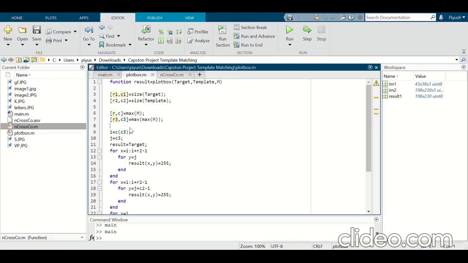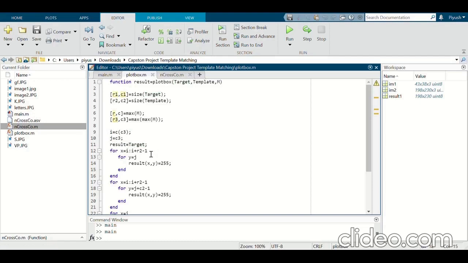C3 is storing the column number of that location at which the maximum value of M is stored. And then C of C3 is returning me the row number of that M location where my maximum correlation coefficient is stored. Then J3 is the column number, and I3, as I said, is the row number where my maximum correlation coefficient is stored.